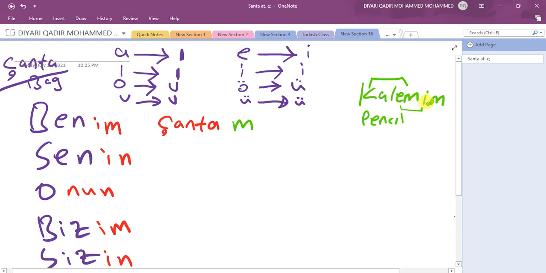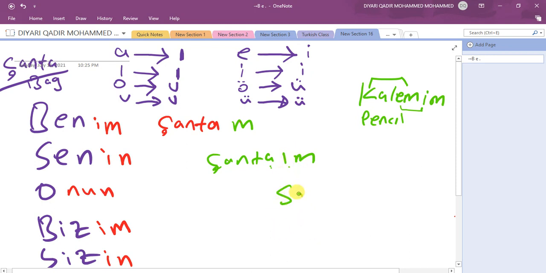But çanta ends with a vowel, that's why I only put M. I cannot write a word like çantağım. No, these two vowels are not coming after one another, except for some special cases.